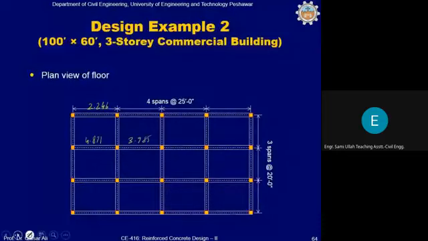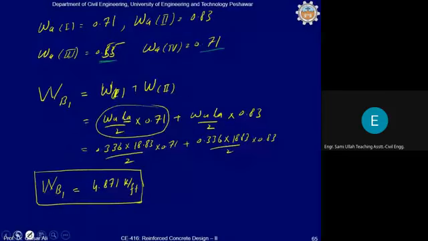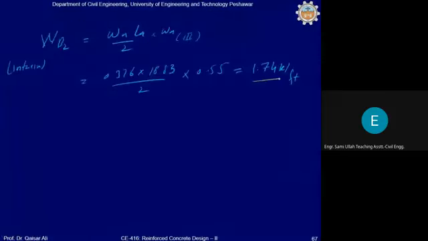And load acting on the interior span of B2 is 1.74.